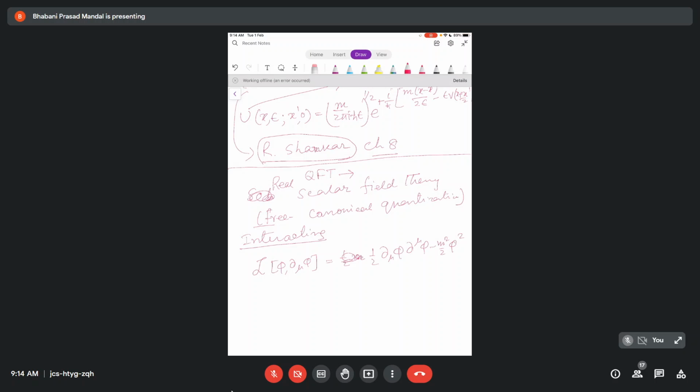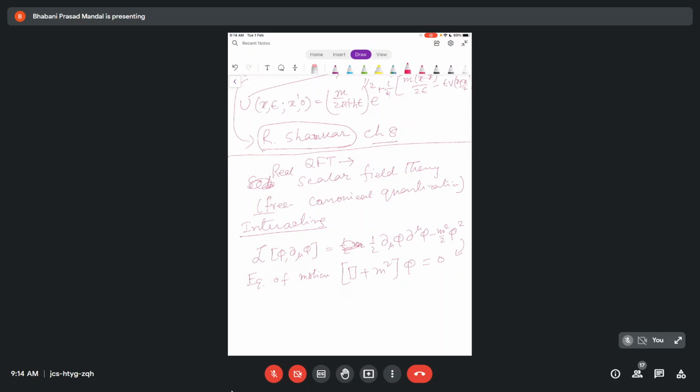Okay, so this was the free scalar field Lagrangian, and from the equation of motion you have calculated the Klein-Gordon equation, which will be box plus m square phi equal to 0. So this is the equation the scalar field satisfies. Okay, this step you should know very well, how to find this equation of motion.